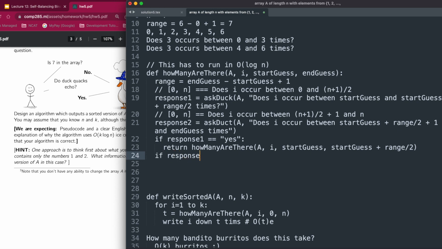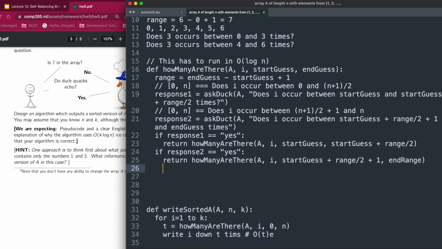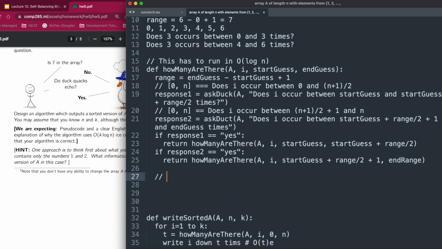Otherwise, if his response is yes to the second question, then that means I call myself recursively, but instead of start guess, here we would do start guess plus range divided by 2 plus 1. So our starting guess is actually the second half of the array, or the second half of our guess space, like our possible space of answers, and then this is the last one.